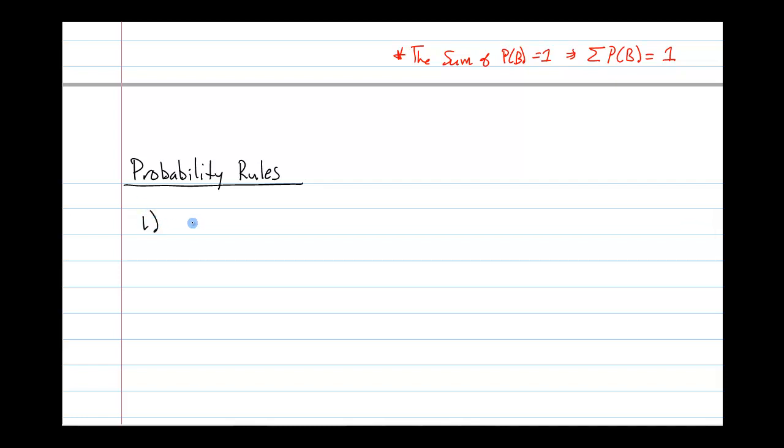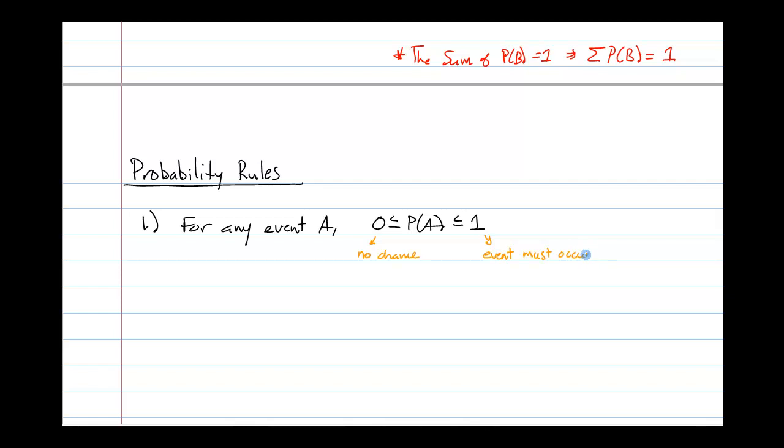So our first probability rule is for any event A, the probability of event A has to range between 0 and 1. Now notice I have an equal sign here. It can equal 0 or it can equal 1. So this particular event, 0, has no chance of occurring. And up here, the probability of 1, this means an event has to occur.